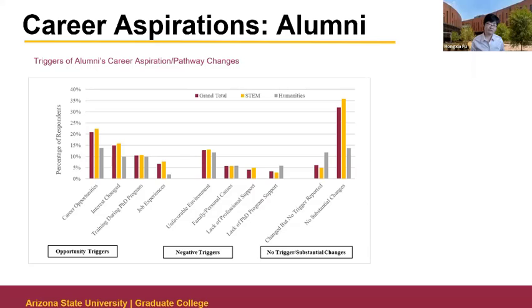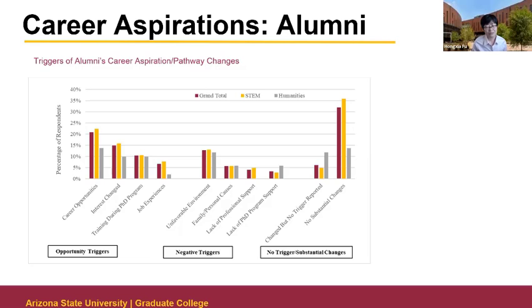But here we focused on their career aspiration change and the triggers. So here we can see the highest one on the right is no change. And the second highest is the left one, career opportunities. When they get career opportunities, they change their career aspiration.